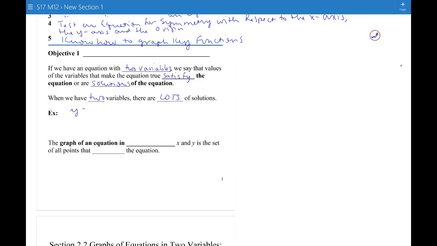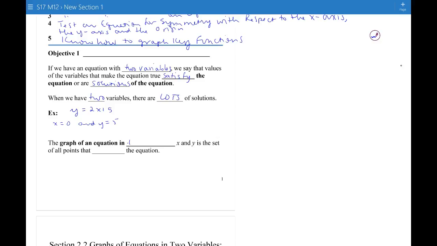So if we have an equation like y equals 2x plus 5, 0 for x, and y equals 5 is one solution of many. So there are lots and lots and lots of solutions, and the set of solutions we can draw in a picture, and so that's what the graph is.